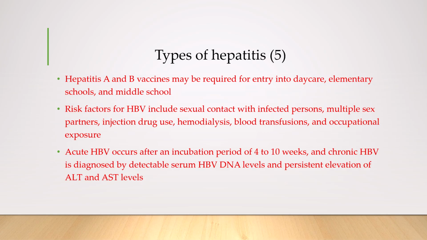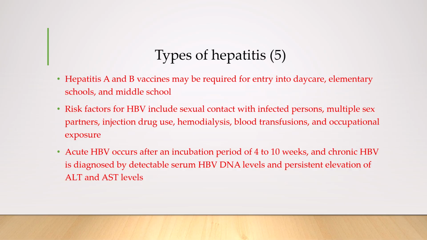Hepatitis A and hepatitis B vaccines may be required for entry into daycare, elementary schools, and middle school. Risk factors for hepatitis B include sexual contact with infected persons, multiple sex partners, injection drug use, hemodialysis, blood transfusions, and occupational exposure.